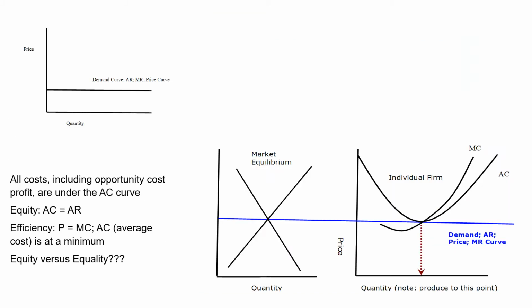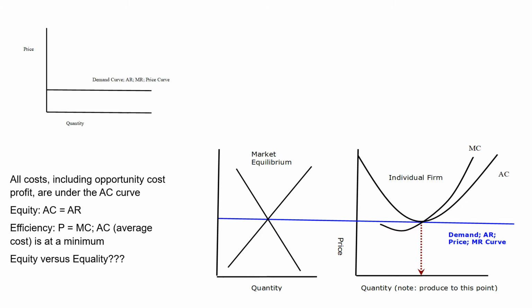So once again, to reiterate, when we're talking about perfectly competitive markets, what you notice again is that the demand curve is also what? The average revenue curve. It's also the marginal revenue curve, because remember, the marginal revenue curve is half the distance, if you will, from the demand curve, or the average revenue curve, and the y-axis.